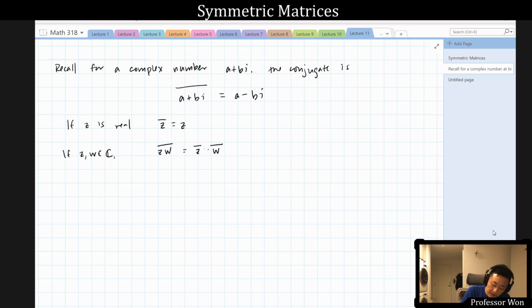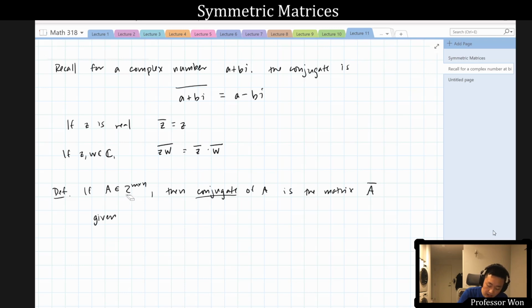Okay, now we'll define, if A is a matrix, could be any matrix actually, then the conjugate of A is the matrix A bar given by conjugating each entry.